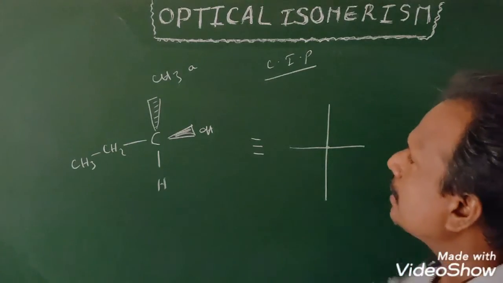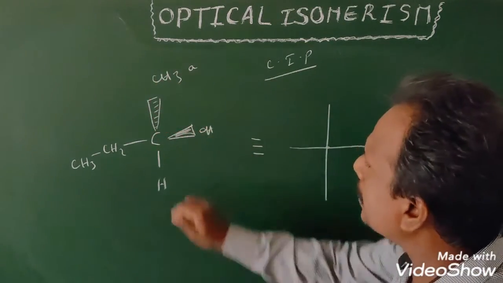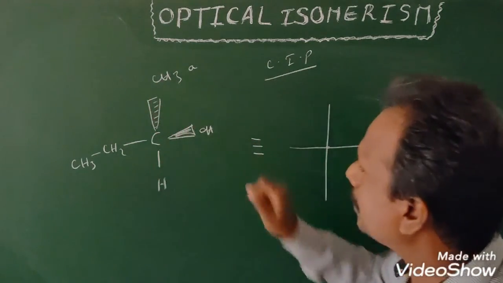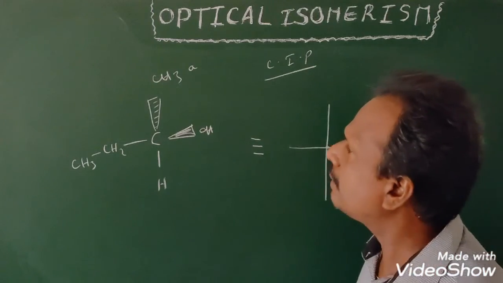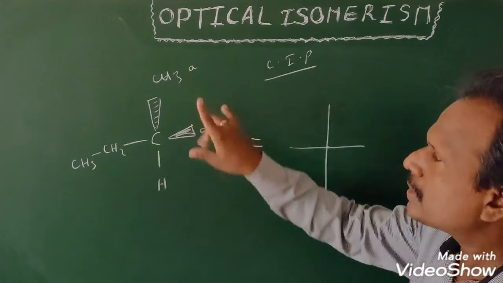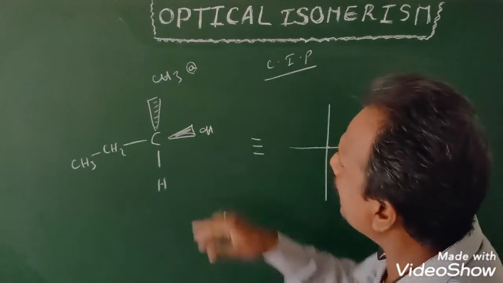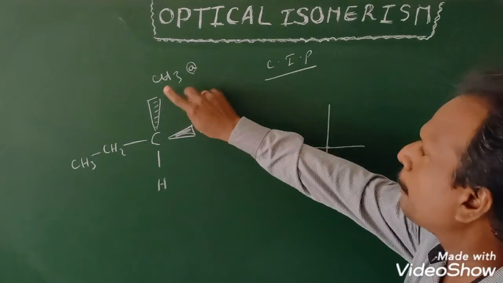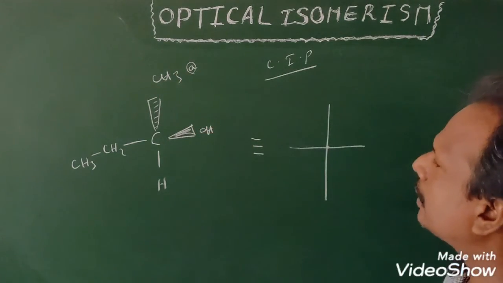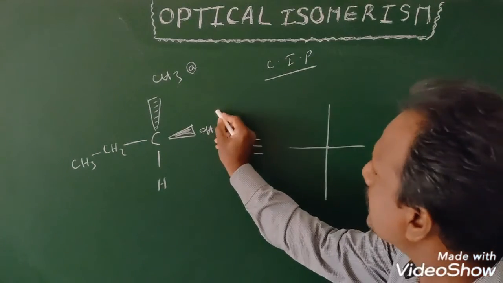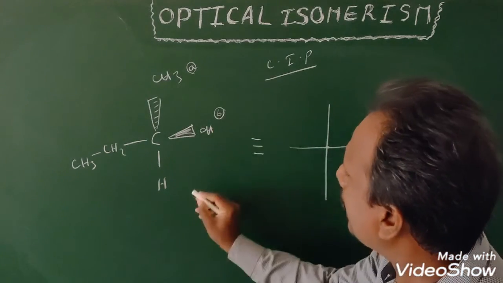The remaining groups are numbered in clockwise direction. First we select the group which is below the plane and label it small a. Then from that group, in clockwise manner, the remaining groups are labeled B, C, D.